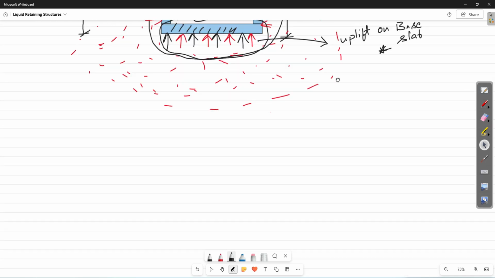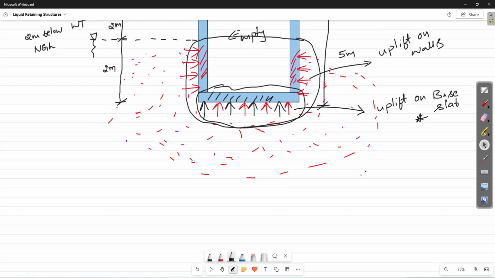It is pretty simple: density of water multiplied by height. Density of water is 10, and height means the depth of water table, so it is 2 meter.